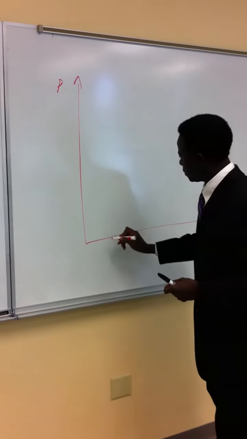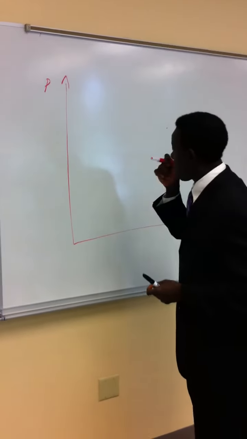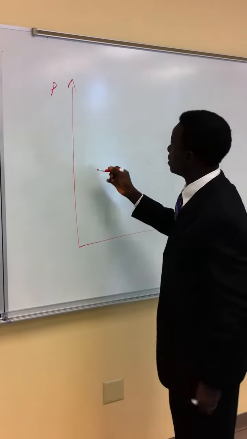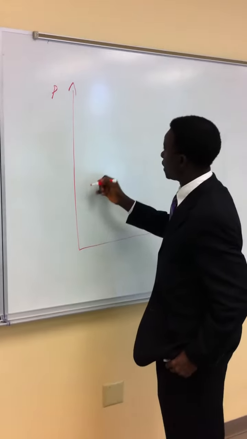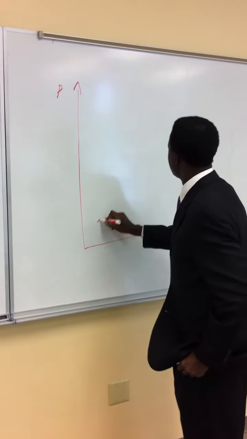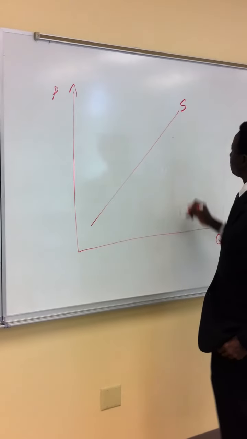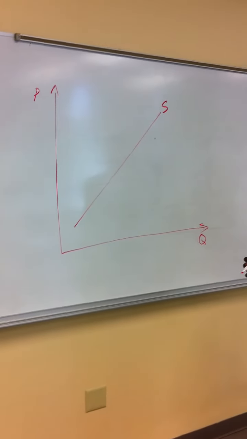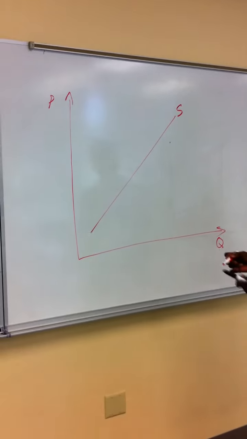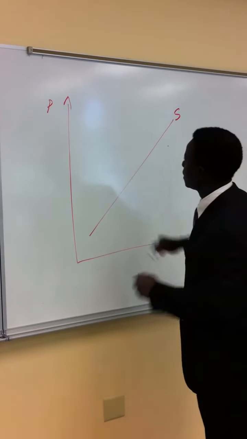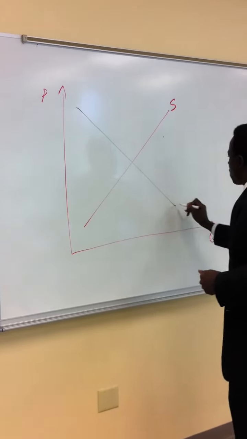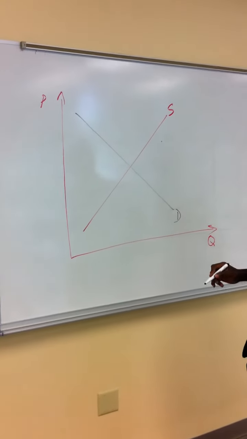So here you have, for example, spillover cost, and then here you have the supply of the good, and here you have the demand curve of the good.